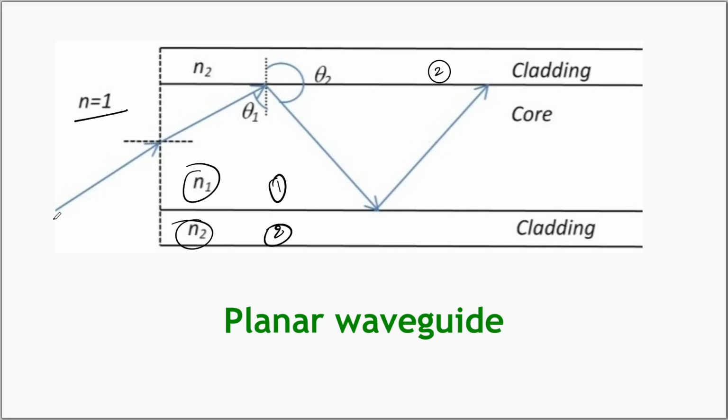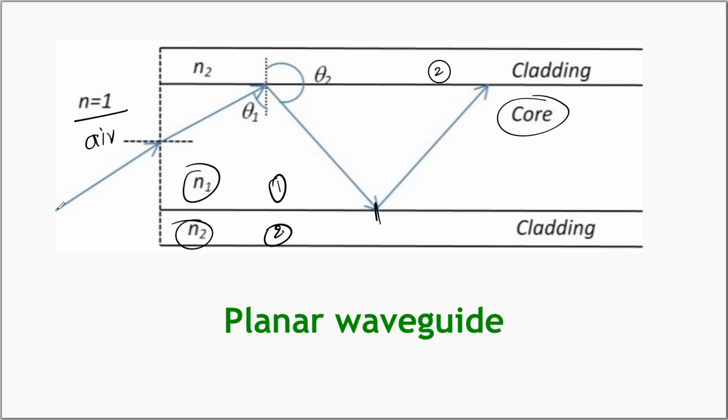If a ray of light touches the interface separating air and the n1 material, which we call the core, the ray would bend toward the normal because the core has a higher refractive index than air, and the bent ray would touch the interface separating n1 and n2 at this point. As a result, it undergoes total internal reflection, and a similar interface is present at this point also, which leads to one more total internal reflection.